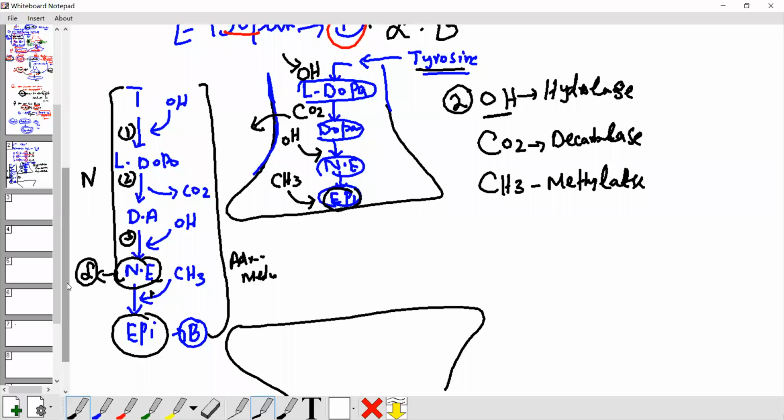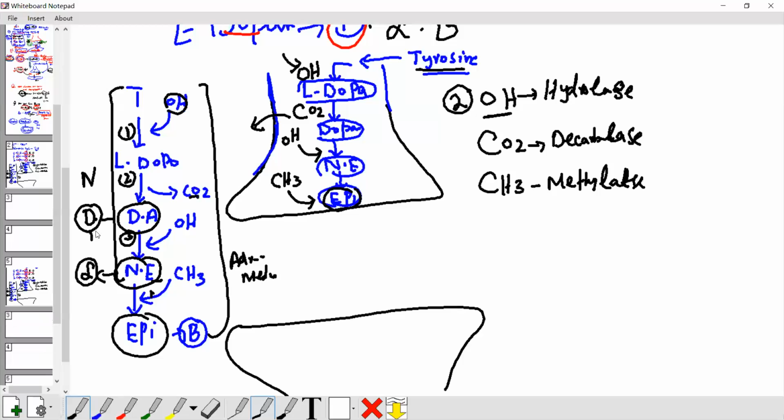This is a difference. So how about dopamine? Dopamine has one OH group and then you remove CO2. Dopamine attaches first to the dopamine receptor because it has only one OH and removal of CO2.